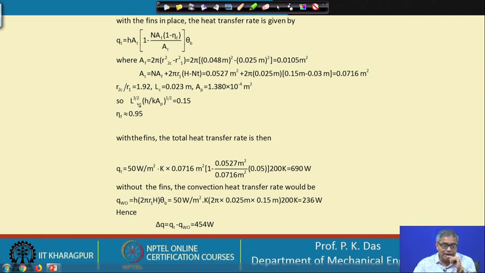We have to calculate the fin efficiency. The fin efficiency calculation has also been explained, and for it you have to calculate the Lc, or the corrected length, that has also been explained over here. And then you are getting 95% fin efficiency.